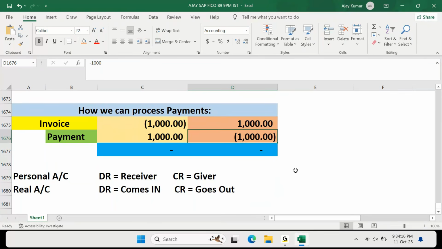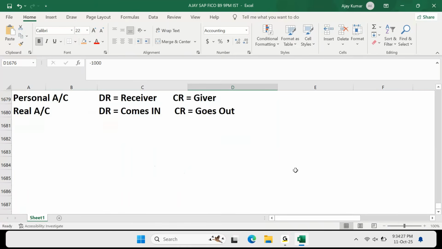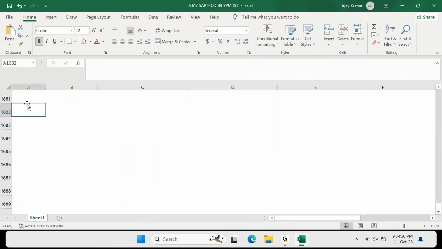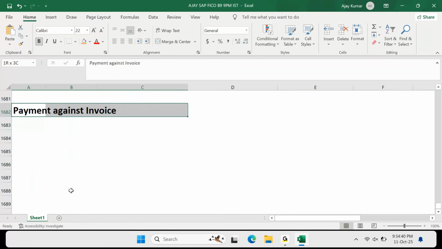After this, you need to make sure whenever you're recording the payment, it can be in different ways, right? You can write something like payment against invoice, meaning only the related invoice.